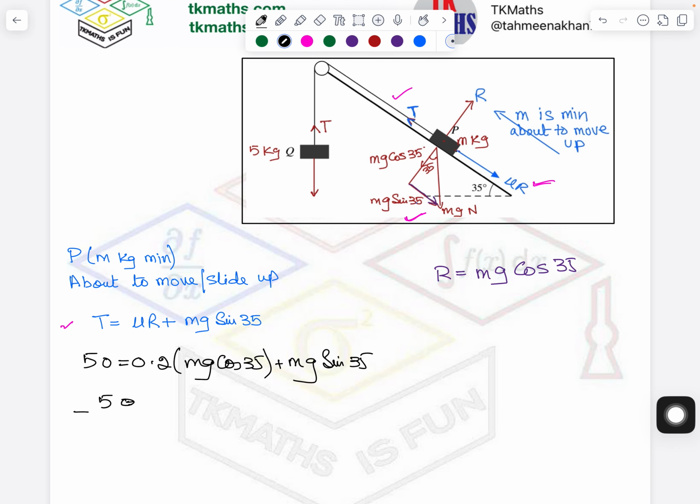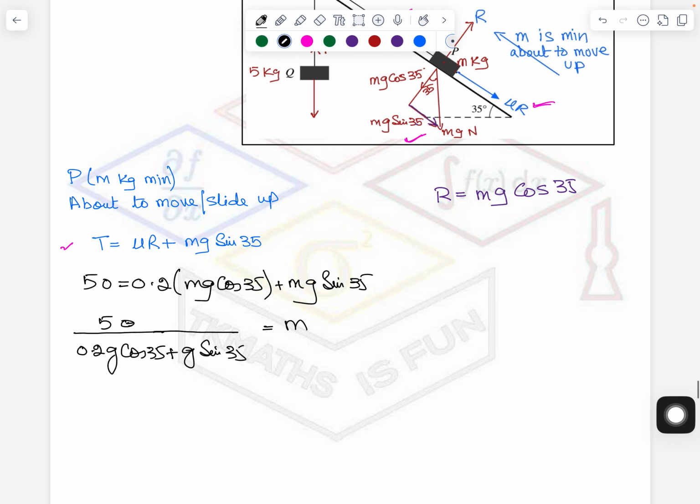Manipulation: 50 divided by 0.2 g cos 35 plus g sin 35 is equal to m. Exactly what I did earlier also. So the value of m, let me calculate. 6.78.